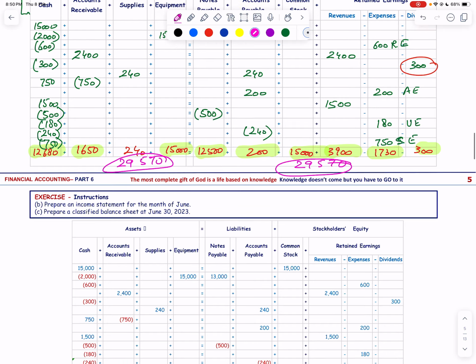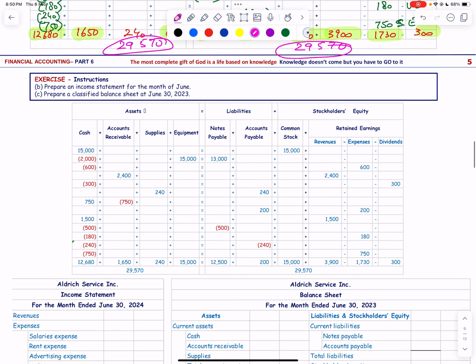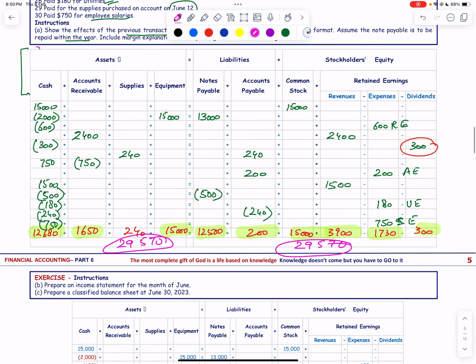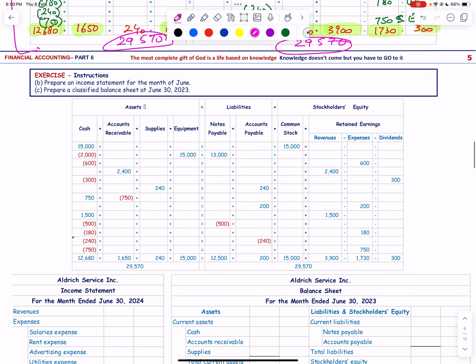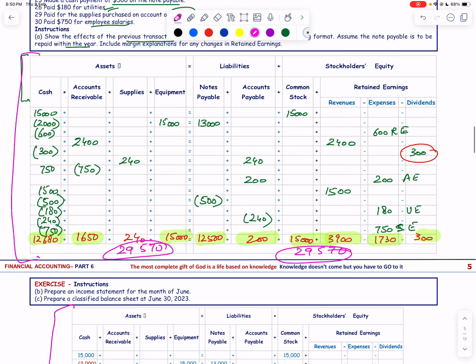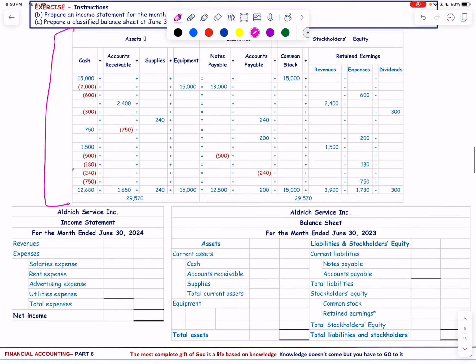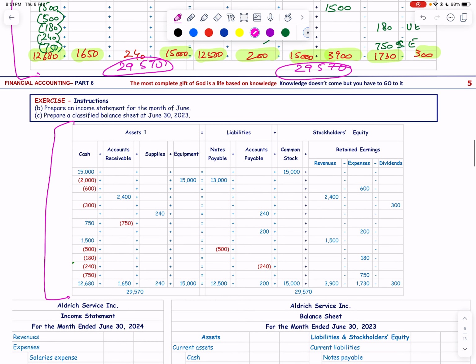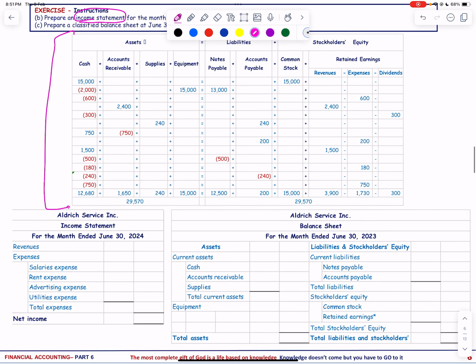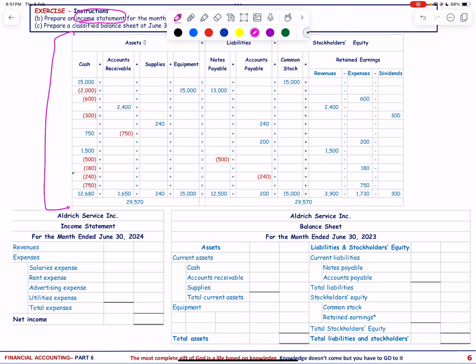Now we go to the part B and C and here all I have done is I have put this solution in a tabular form to make it readable for you all in case you find difficulty in reading these numbers. And from this information we are going to prepare the income statement. So for the income statement we have the revenues and the revenues are how much? Revenues are 3,900.